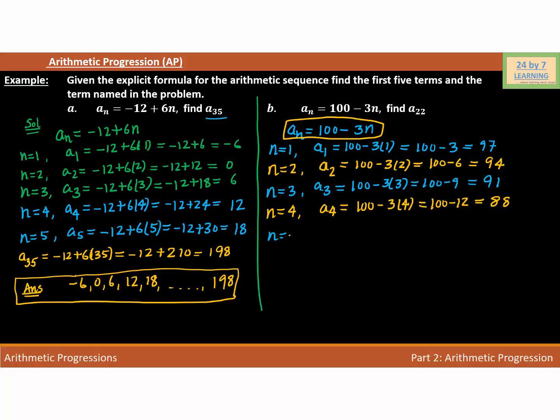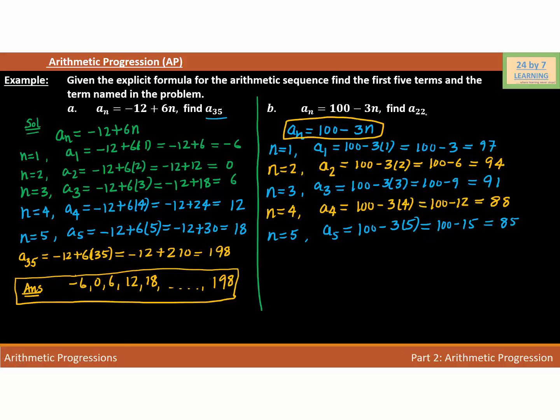Now let's find the fifth term. n is equal to 5, and a5 is 100 minus 3 times 5, and 3 times 5 is 15, so 100 minus 15 is 85.